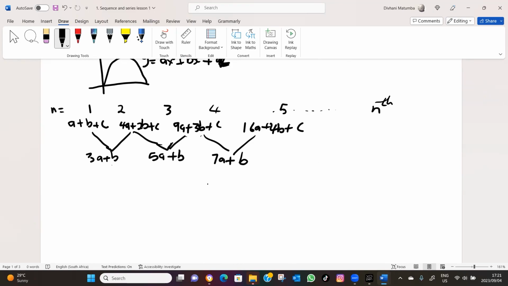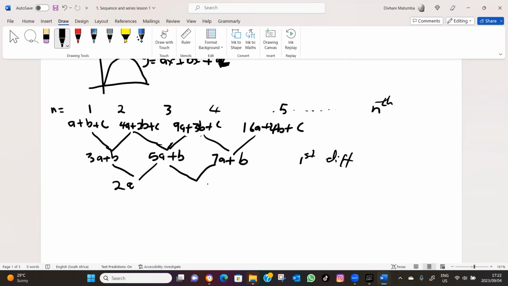Let us resume on the sequence with the table. As you can see, the first difference is not the same. Therefore, we will continue to find the difference. 5 minus 3, that is 2, 8.